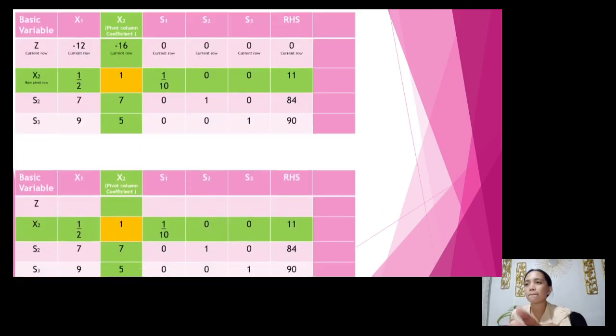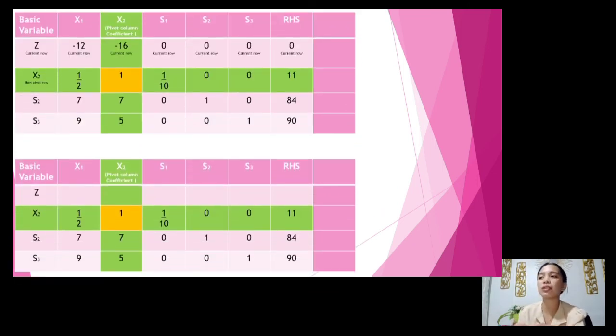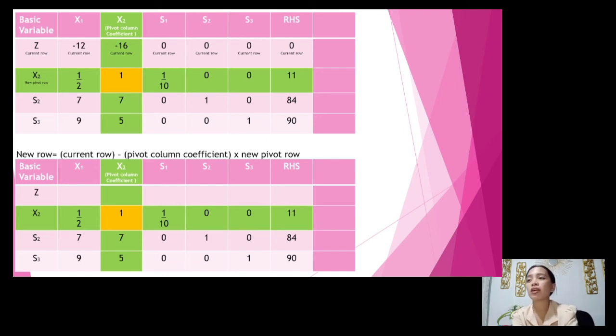Next, we'll find the value now of z. It's the same process. To get the new row, you subtract the current row from the positive column coefficient, then multiply by the new pivot row. So negative 12 minus negative 16 times 1 half is negative 4.